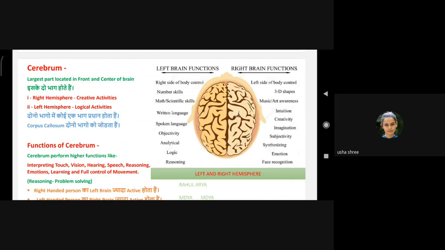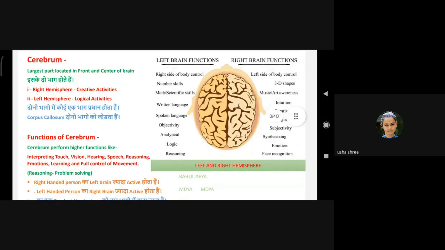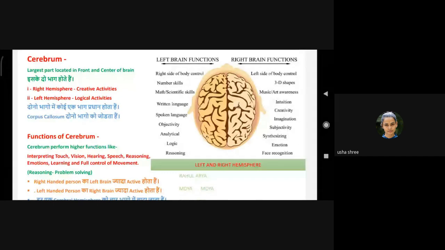So, the left hemisphere is generally responsible for number skills, math, scientific skills, written language, spoken language, objectivity, analytical skills, logic, reasoning. And the right brain is responsible for music, art, intuition, creativity, imagination, subjectivity, synthesizing, emotion, face recognition. All these things are controlled by the right hemisphere of the brain.